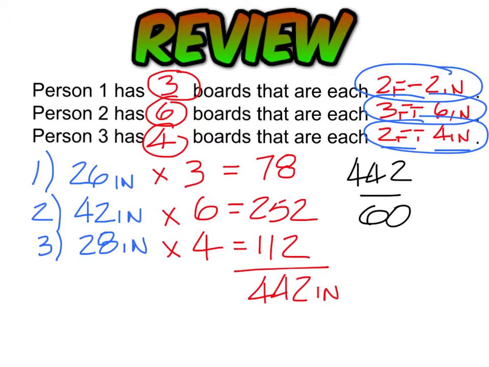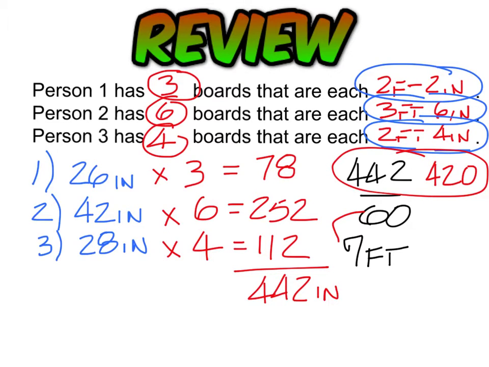How many times will 60 go into 442 without going over? 7 times. What is 7 times 60? 420. What's the difference between 420 and 442? 22.